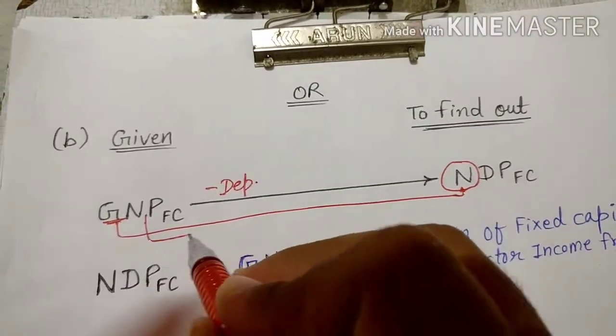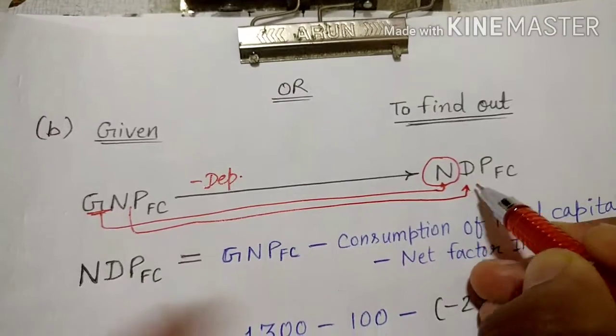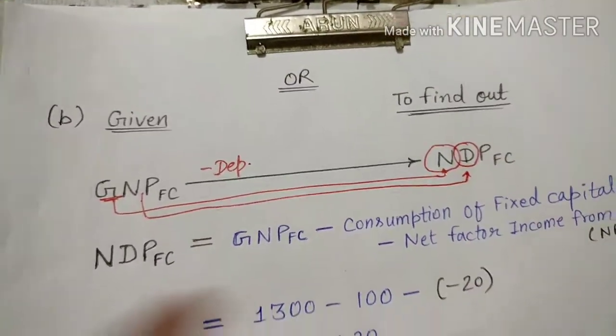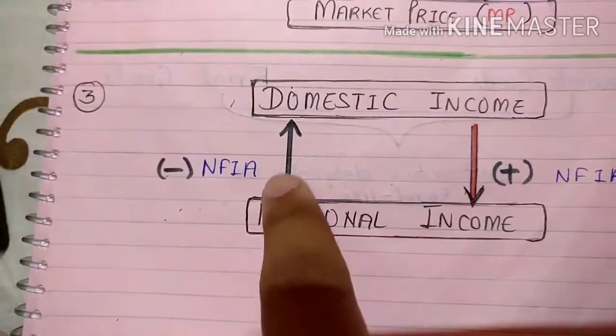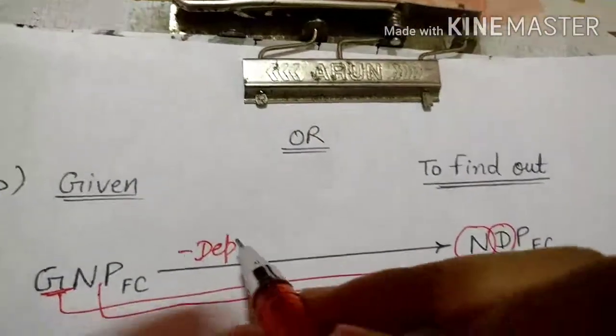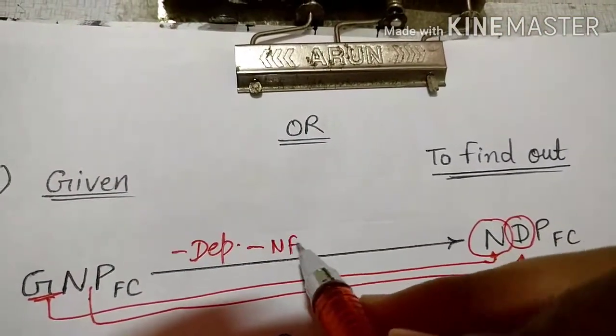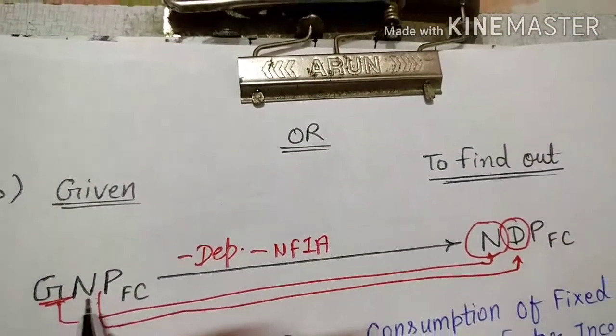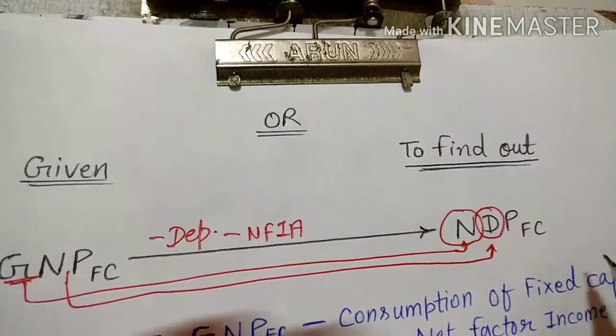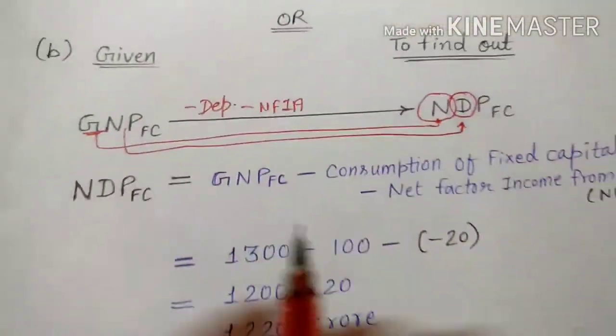This national also we have to convert into domestic, so we have to subtract NFIA. Okay, we will subtract NFIA also, no problem. Now product, factor cost: other things remain the same. So we got our formula.